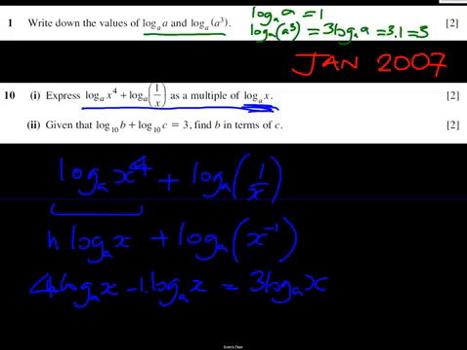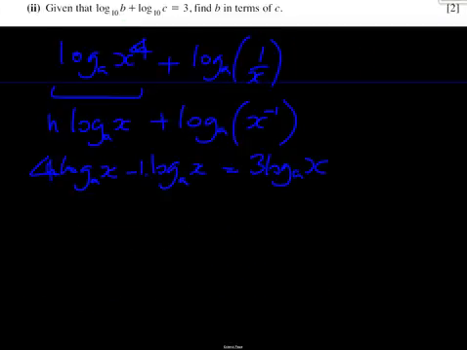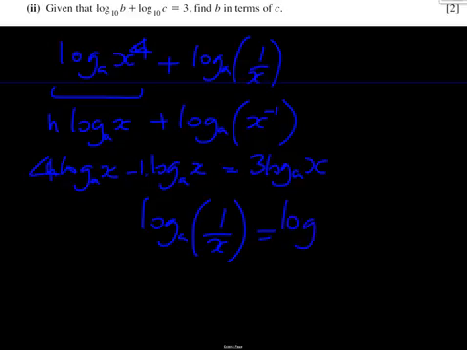We could also have done that another way. We could have taken our log A of 1 over x, and we could have used our division law, in which case we'd have had log A of 1 minus log A of x, because effectively our x value in the formula would have been the 1, and our y value would have been the x.